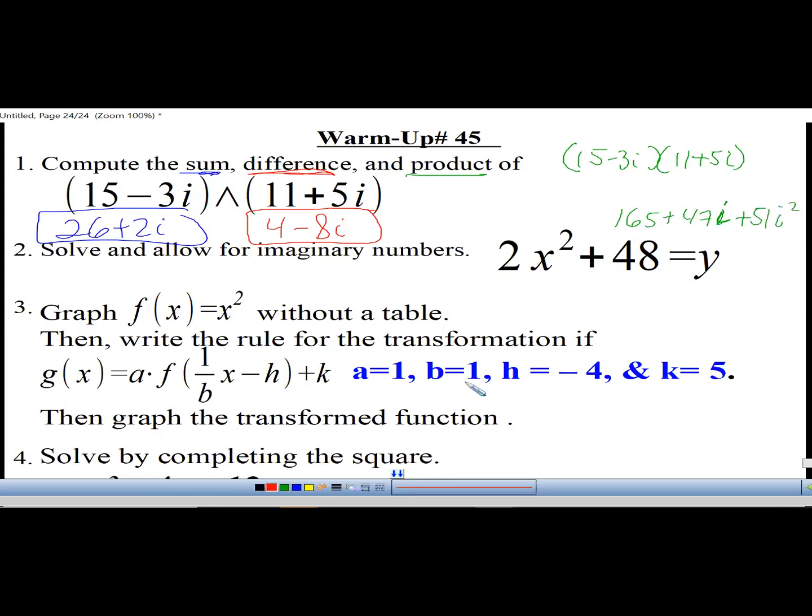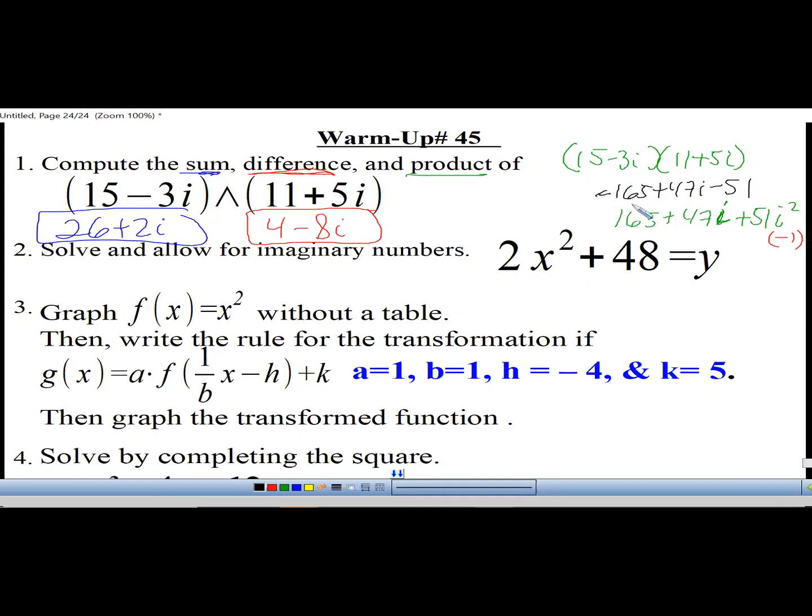Okay, so up to there so far, yes, but we forgot to do what at the end? Substitute -1 for i squared. So that means this becomes, let me write it right above, 165 plus 47i, and then minus 51.